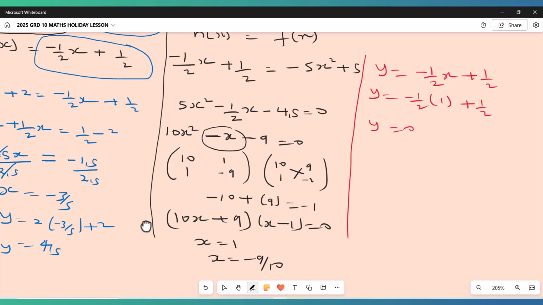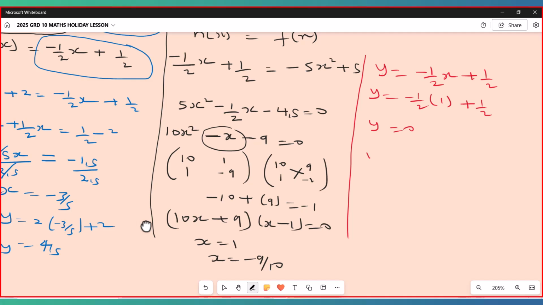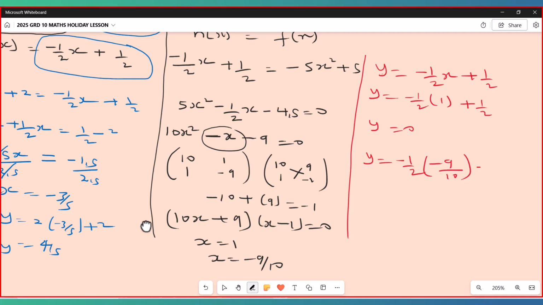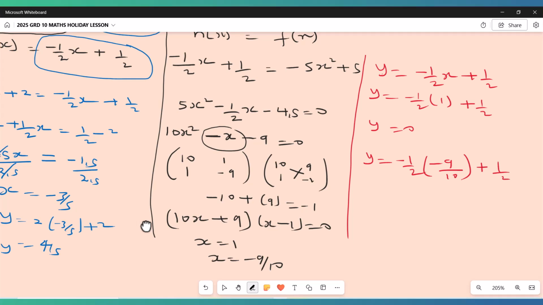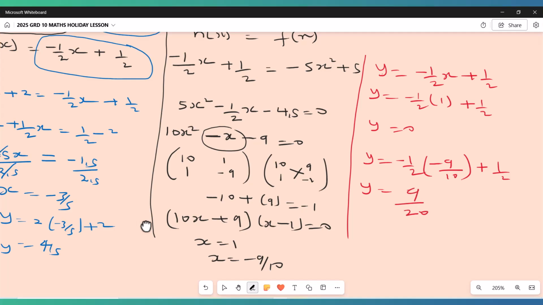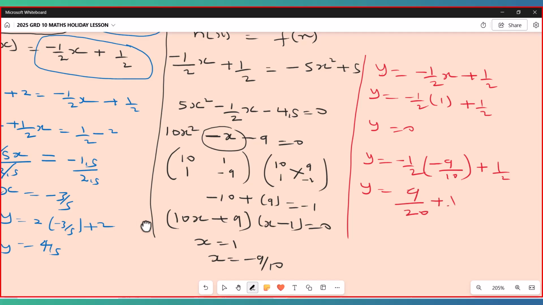Okay. Then now to put negative 9 over 10, I'm going to say again y equals negative 1 over 2 times negative 9 over 10. Okay. And then plus 1 over 2. What do you get? Anybody with the calculator here? Can you compute for me 9 over 20 plus 1 over 2?